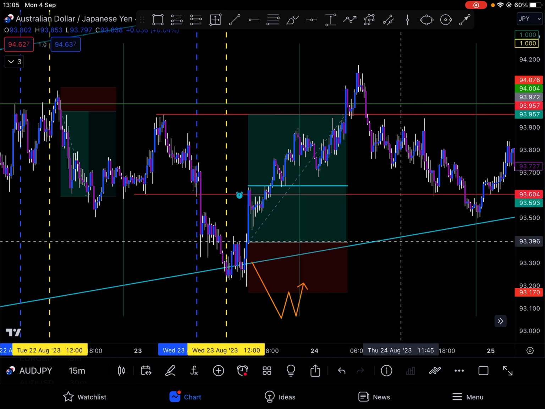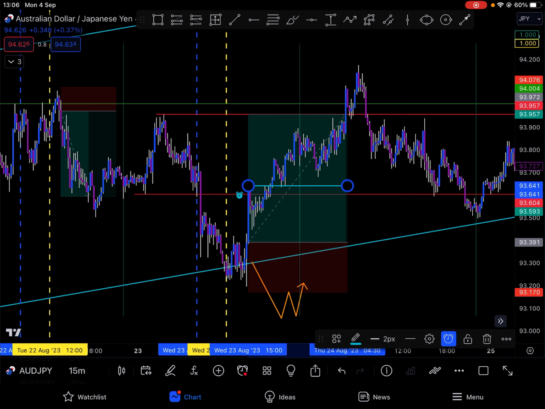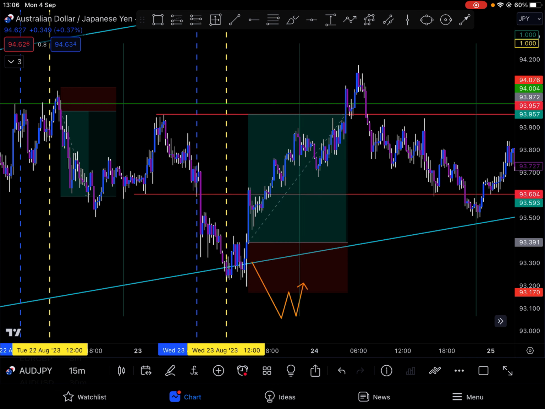You get me? All I have to do is move my stop to break even when it hits halfway to my profit, so that it's going to be a risk-free trade. So all I need to do is just sit on my hands and let the profit run. That's just a little something I wanted to touch on as well.